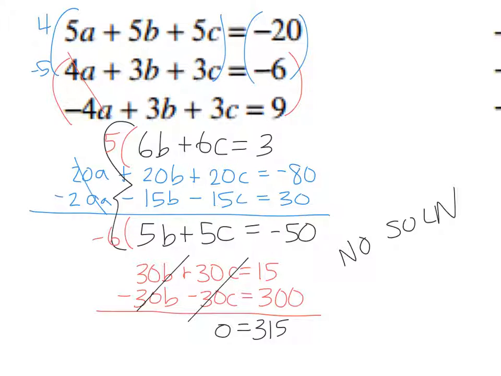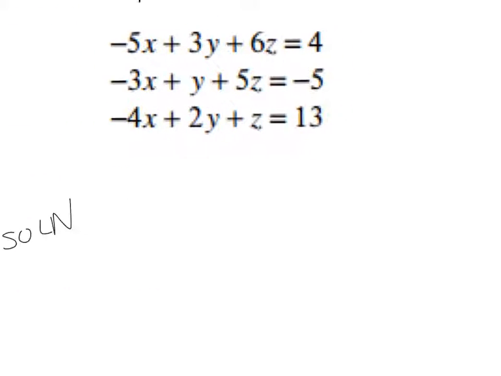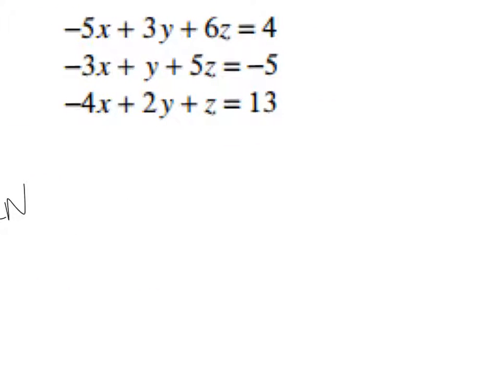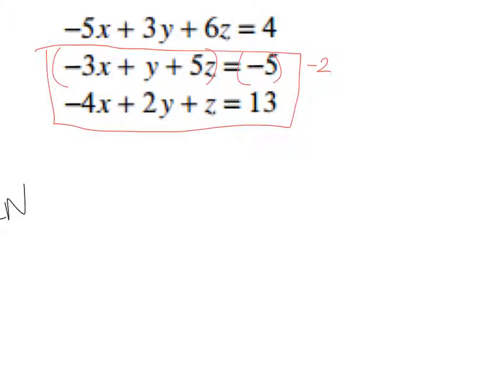Okay, I'm going to slide over to one over here. So you can look at, I'm going to cancel out the y's, use these two right here, and I'm going to eliminate the y. So I'm going to multiply this top one by -2. Both sides of the equation by -2.